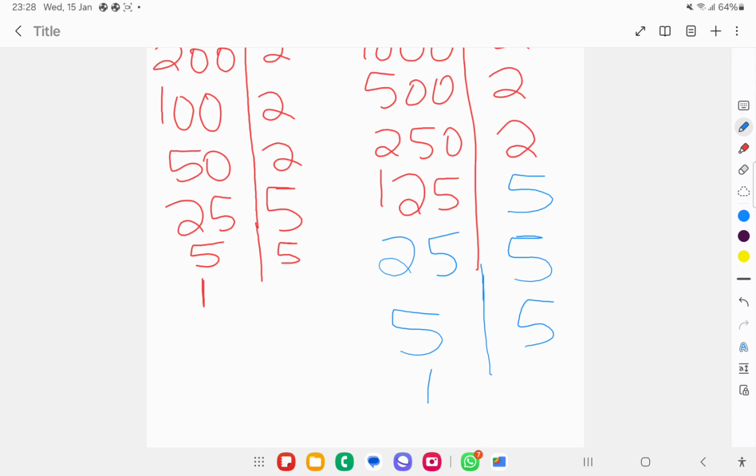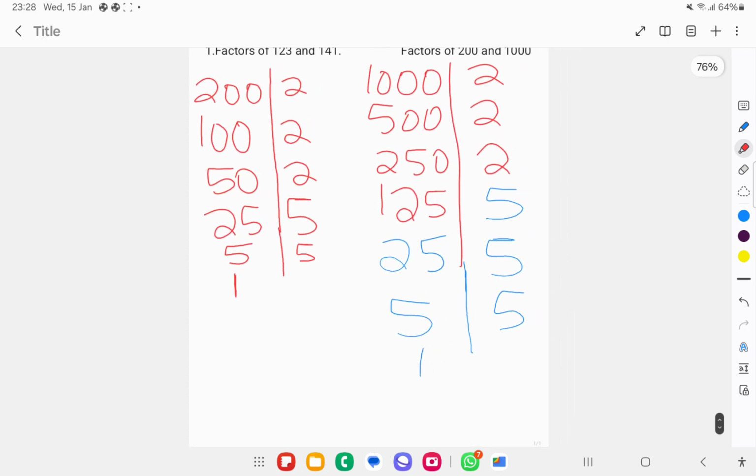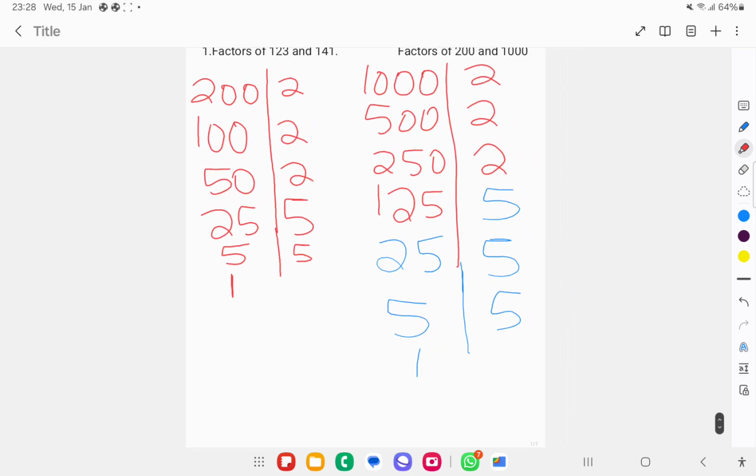Now for the last step, for us to find the LCM, we have to find the highest power of each prime factor that appears in either number. So what we do there is that we find our LCM by finding the highest power in both the scenarios.